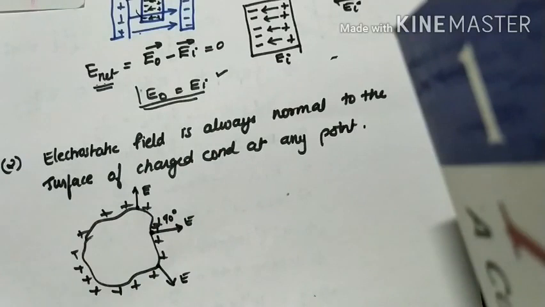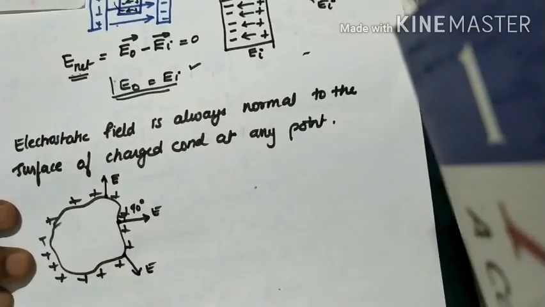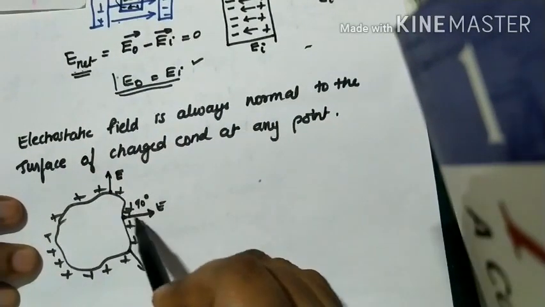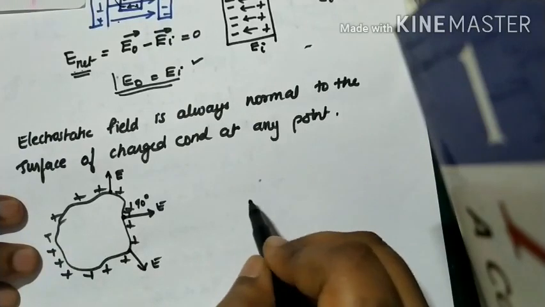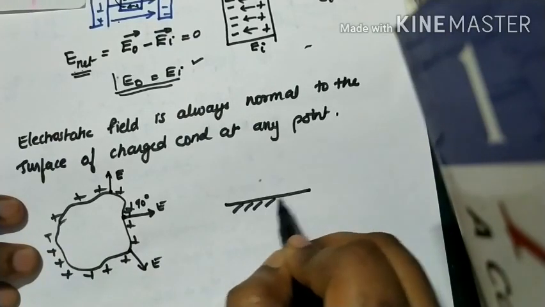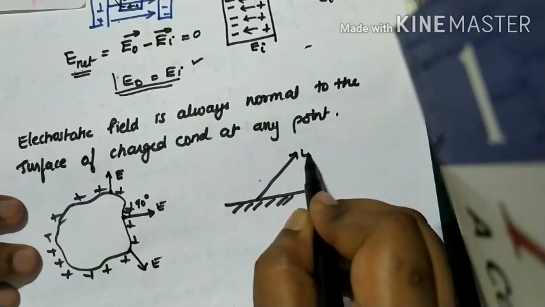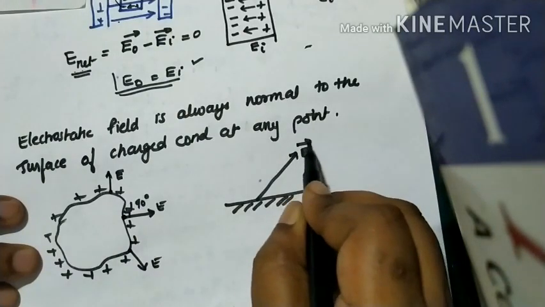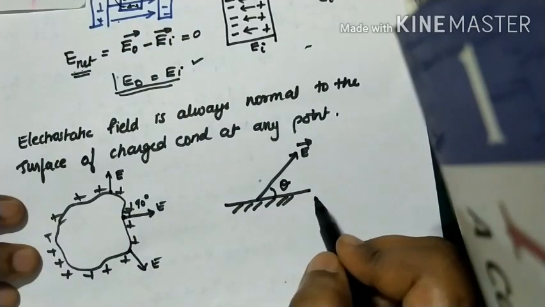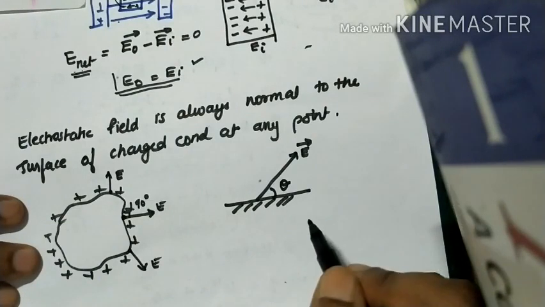So like the previous electric field case, we'll consider that suppose this angle is not 90 degrees. Suppose I draw a surface like this, and this is the electrostatic field, and it is not making an angle of 90 degrees, but say it is making an angle theta.